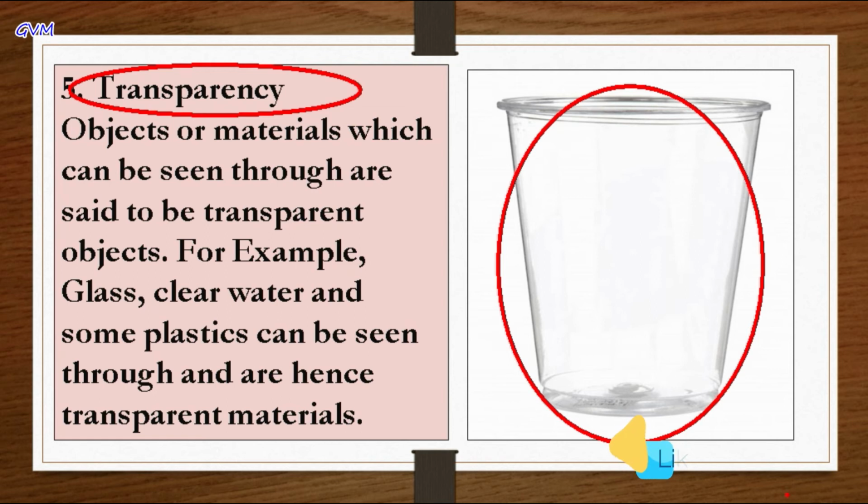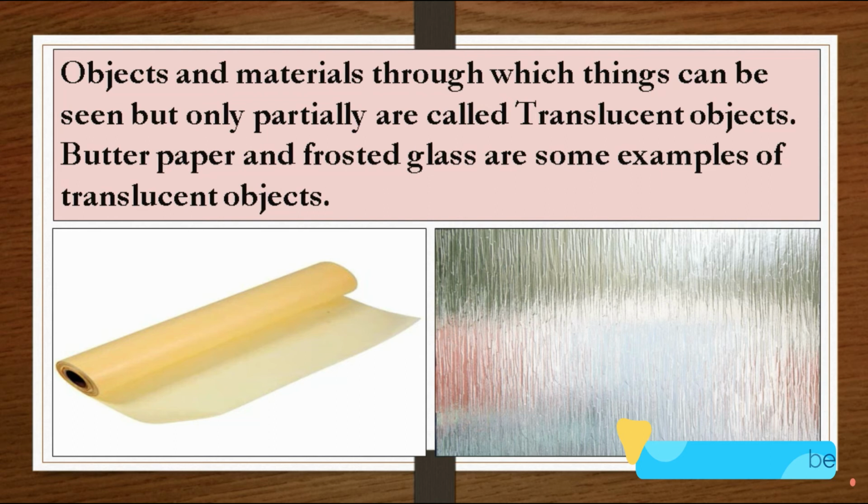So students, such materials or objects which can be seen through are said to be transparent objects, whereas those objects and materials through which things can be seen but only partially are called translucent objects.